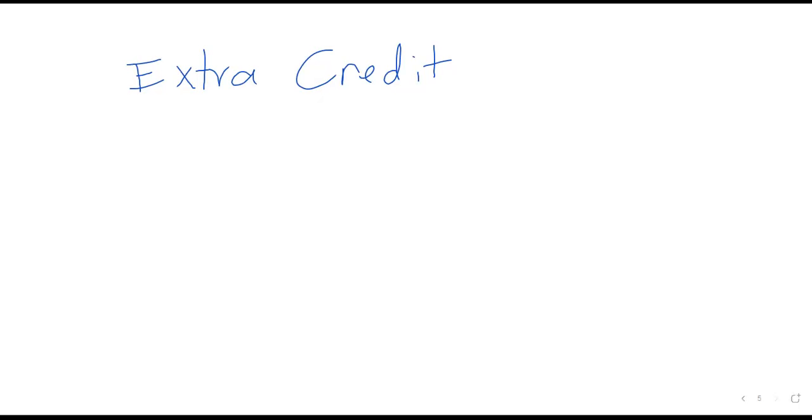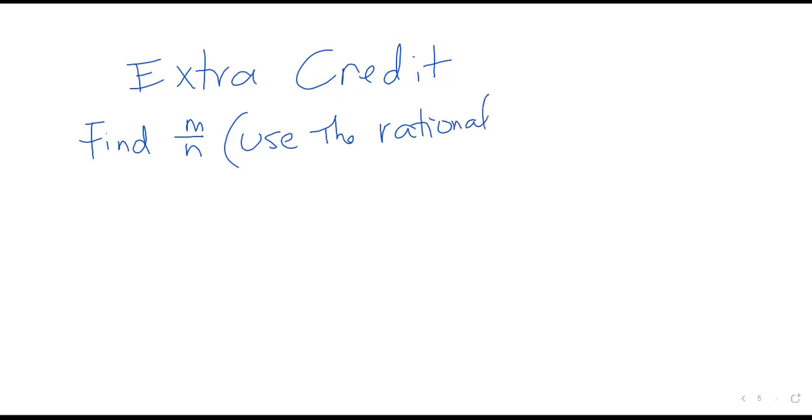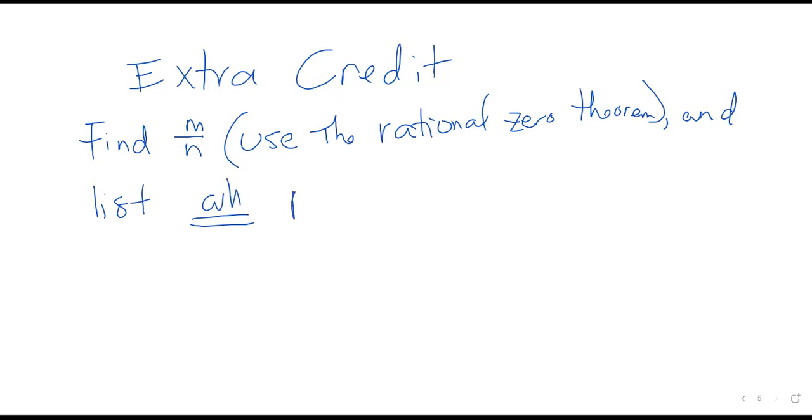So let's see. We're going to say find m over n, otherwise known as use the rational zero theorem, find m and n and list all possible zeros of, let's see which equation.